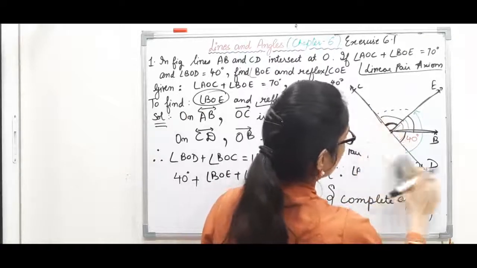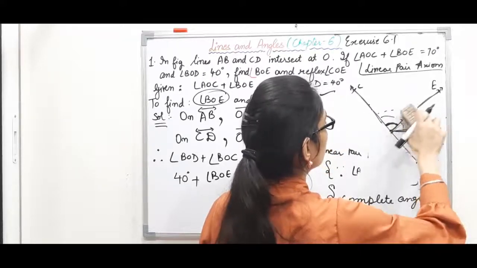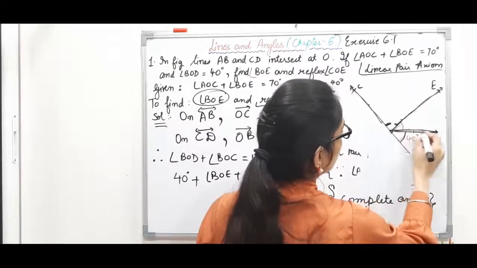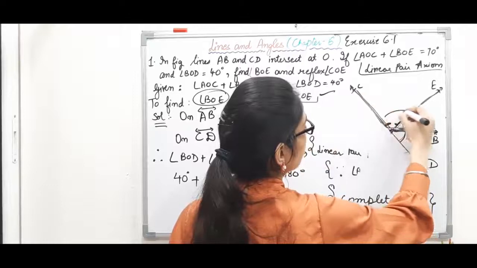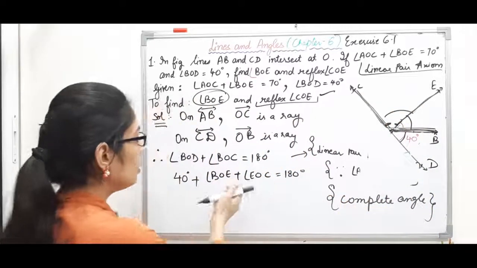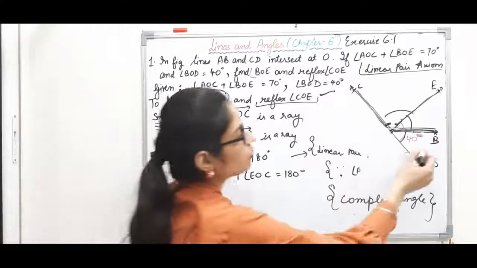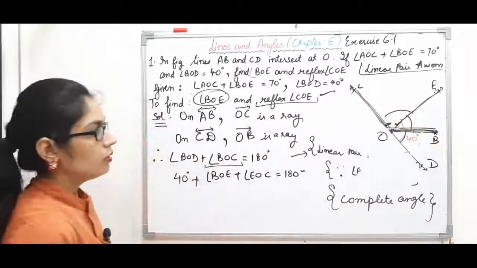This is BOC, and if you add this angle plus this angle, you will get the complete BOC. So I have just split this BOC into these two angles, BOE plus EOC.